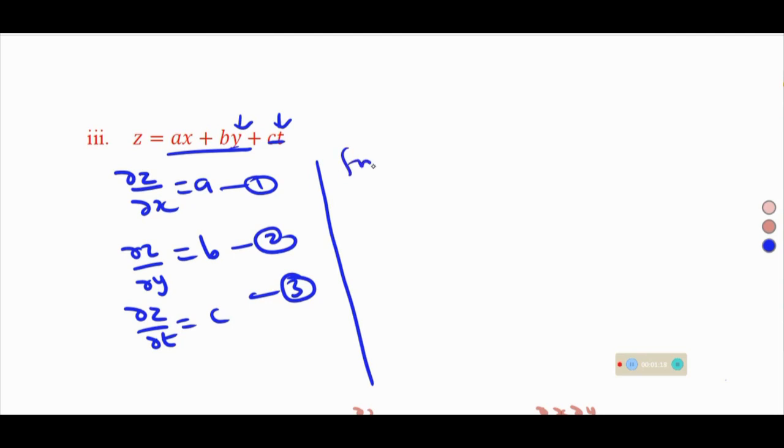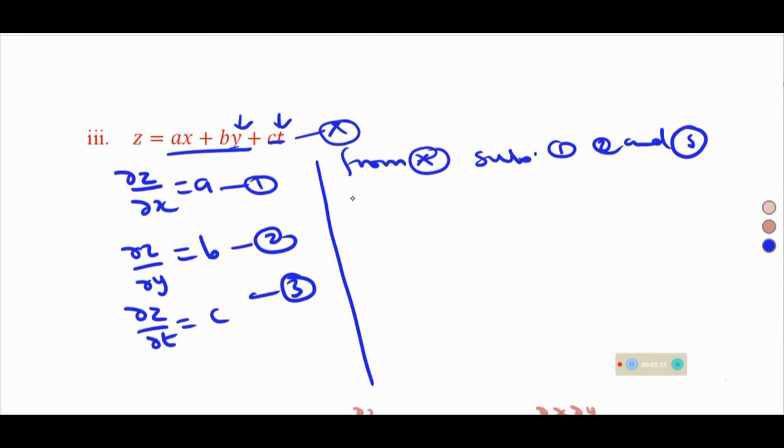Now from the given equation, which we can name equation star, we can substitute equation 1, 2, and equation number 3. So we shall have z as a is del z del x. So we shall have x del z del x plus b is del z del y. So that is del z del y.